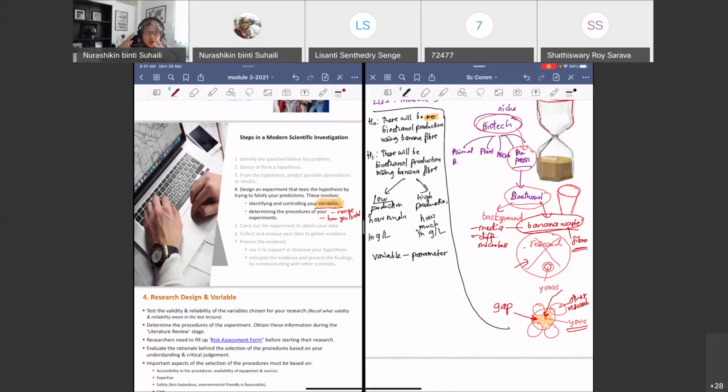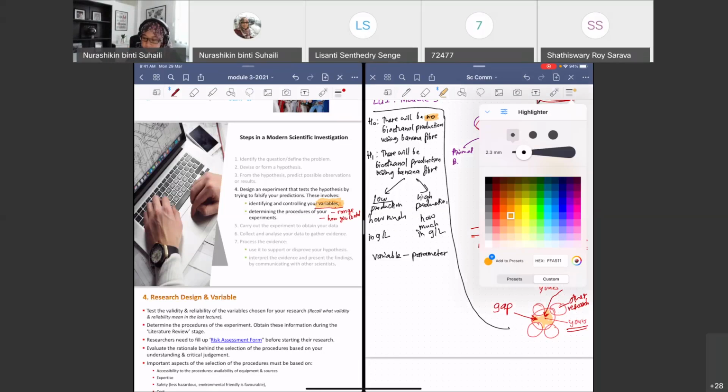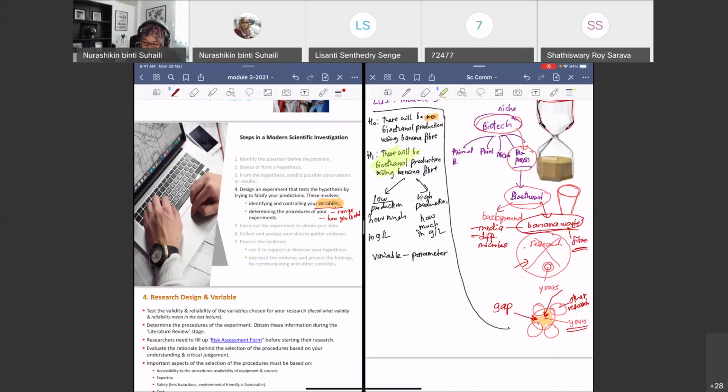So now you are narrowing down. When we talk about bioethanol production using banana fiber, even this topic is still wide. There are things that you can focus on more and more.